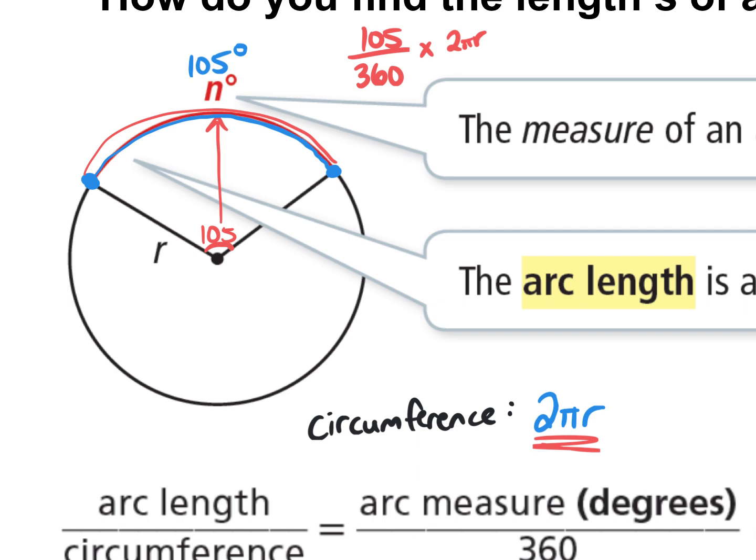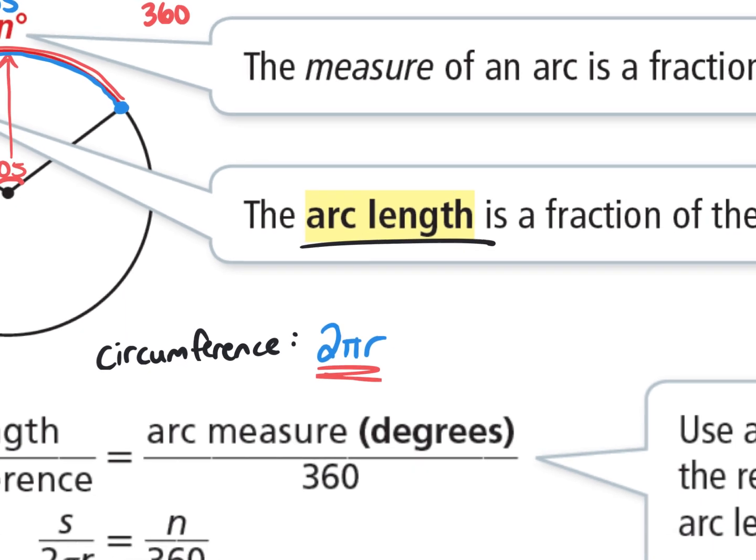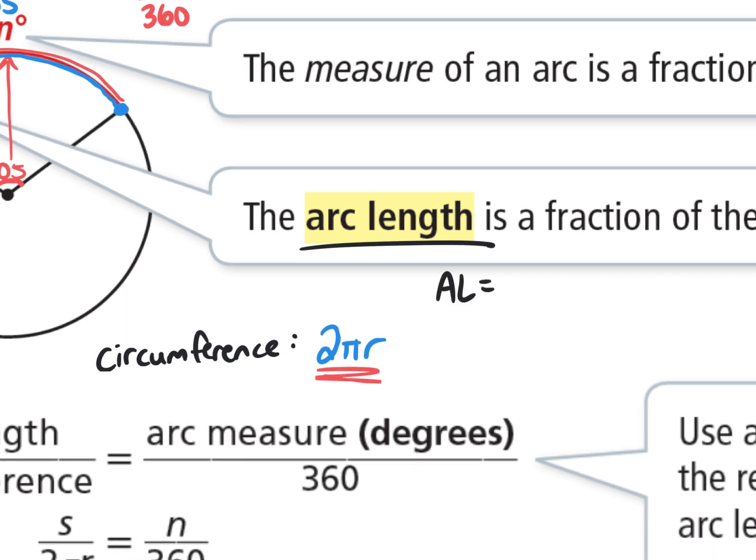Okay, so off to the side, right by that circumference, go ahead and write arc length. I'm going to abbreviate that as AL. So arc length equals exactly what we just wrote down: N, which is the degrees, so the angle measure, over 360 times the original circumference, 2 pi r.